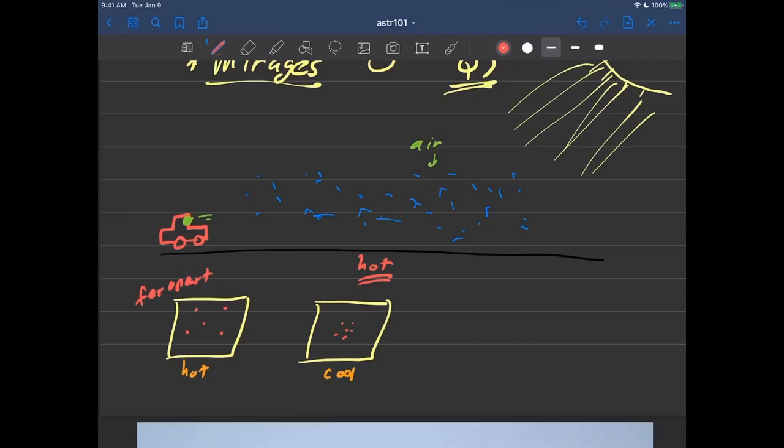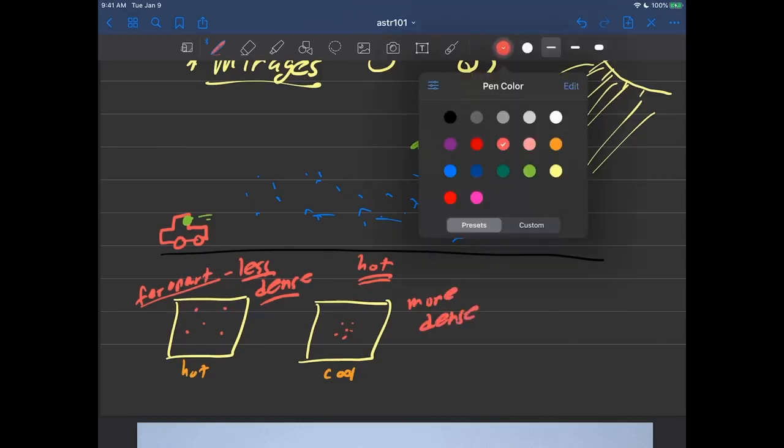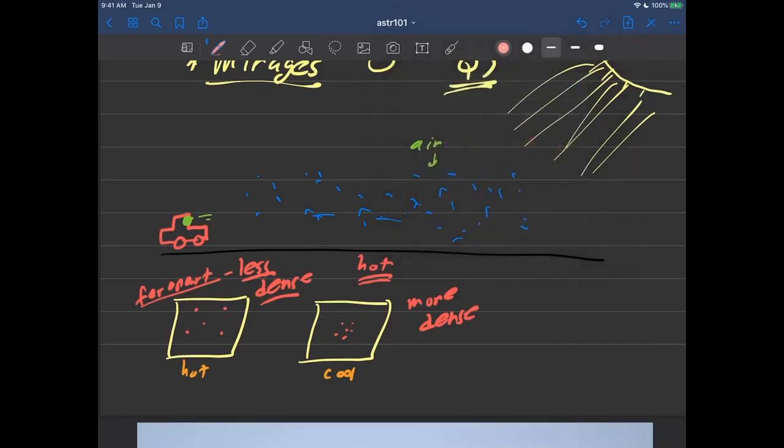The important part about this is that when things are farther apart, the medium itself is less dense, okay? And when they're cooler, they're closer together, they're more dense. But remember, when we're talking about optics and light, the density of material has a lot to do with the index of refraction. So if this is the index of refraction when something's hot, and this is the index of refraction when something's cool, the cooler air and the warmer air have different indices of refraction.